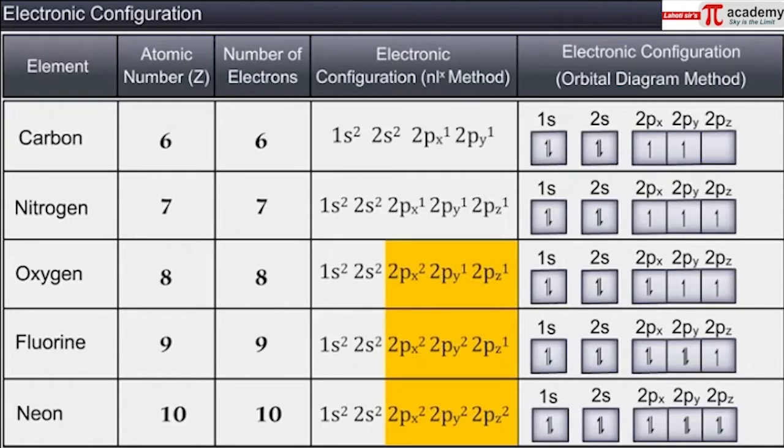They successively occupy the 3 2p orbitals, that is 2px, 2py, 2pz, in accordance with Hund's rule. The pairing of 2p subshell starts with oxygen and completes with neon.